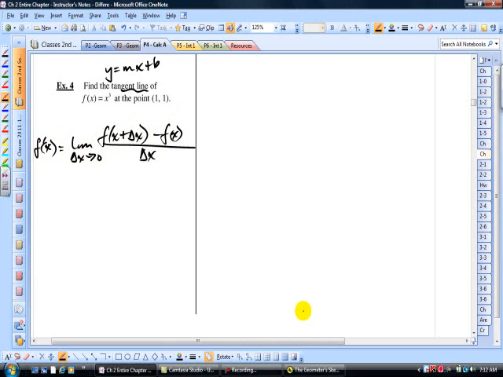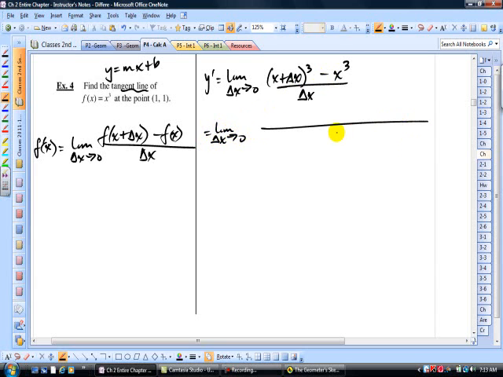Okay, so let's get started and find the derivative. y prime is going to be equal to the limit as delta x approaches 0 of x plus delta x, quantity cubed, minus the function itself, divided by delta x. So I have to cube this binomial here.